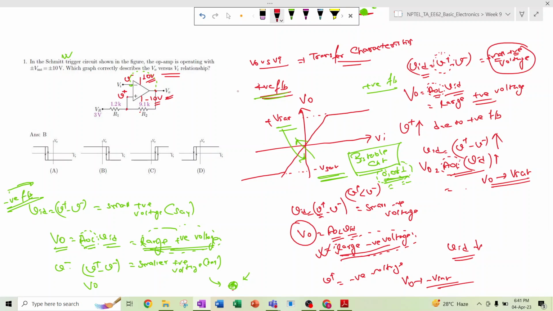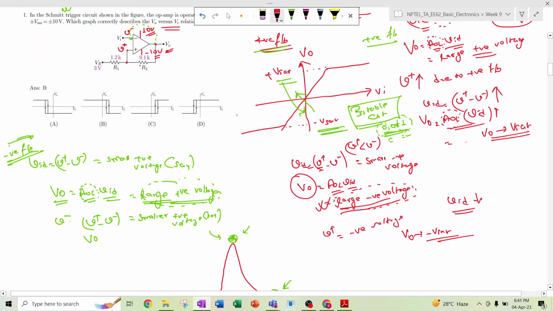So in this circuit, this V minus is basically VI, and for this V plus, we can apply superposition to find it. Suppose there are two inputs, VR and VO.